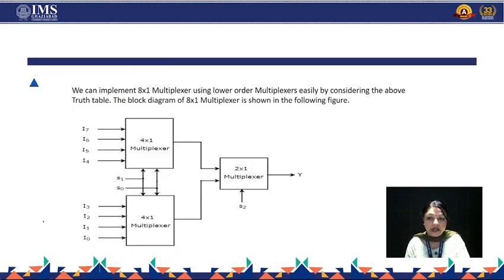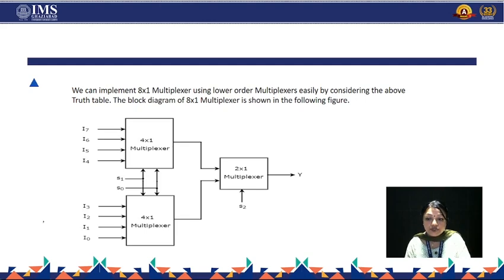We can implement an 8 into 1 multiplexer using 4 into 1 multiplexers. For this purpose, we need 2 multiplexers of 4 into 1 mux, and 1 multiplexer of 2 into 1 mux. Here we use 2 multiplexers of 4 into 1 mux.